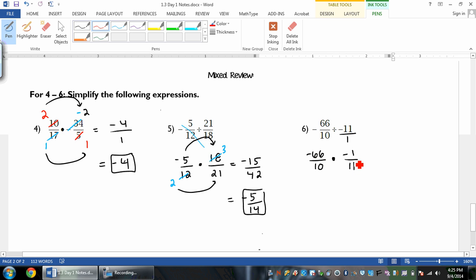I can simplify 66 and 11 because they're both divisible by 11, so the 11 becomes a 1. The negative 66 becomes a negative 6. Okay, so negative 6 times negative 1 is 6. 10 times 1 is 10. Both are divisible by 2, so we divide numerator and denominator by 2 to get 3/5. And that is the solution.